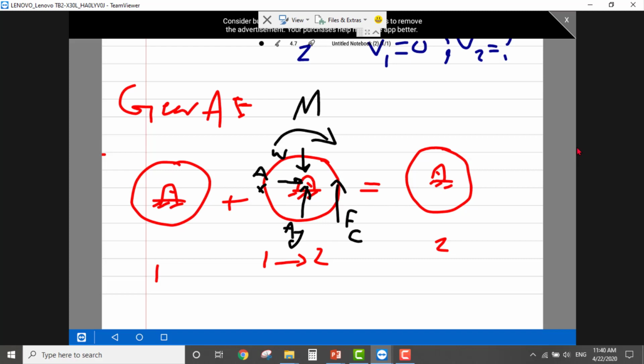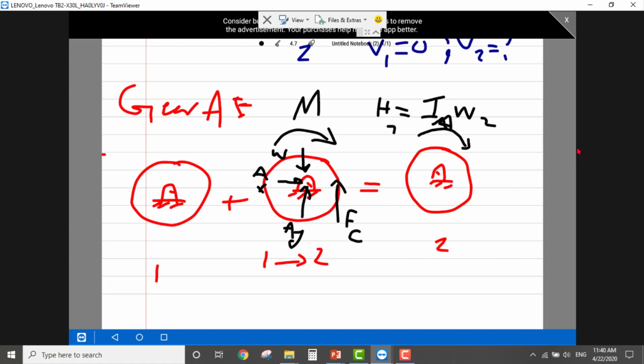No. So if this gear rotates clockwise, then we'll have angular momentum IA omega 2. So this is H2. Do we have linear momentum? The answer is no, we have only rotation.